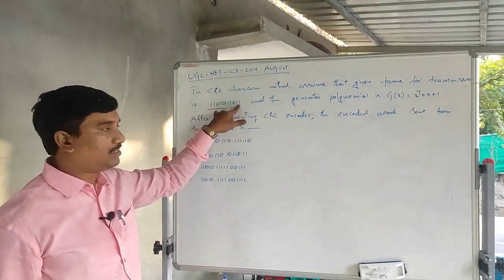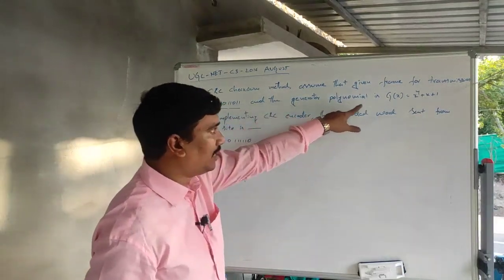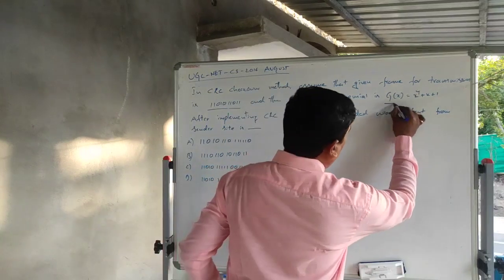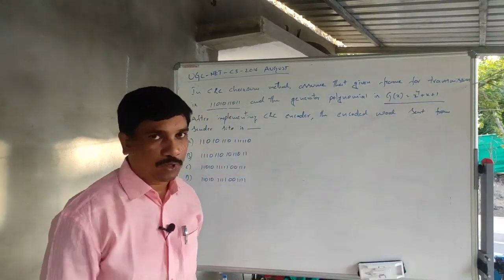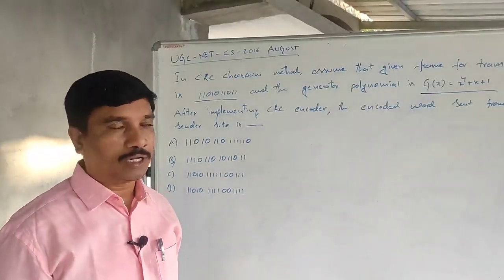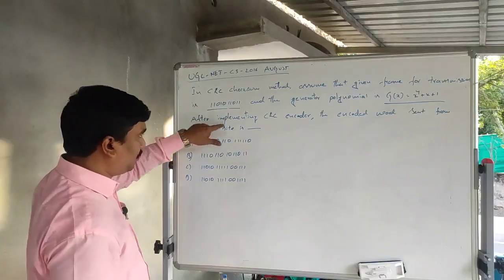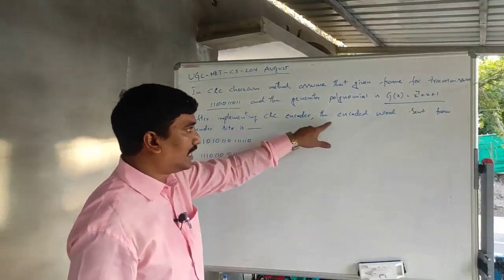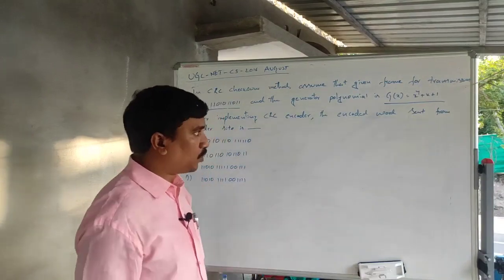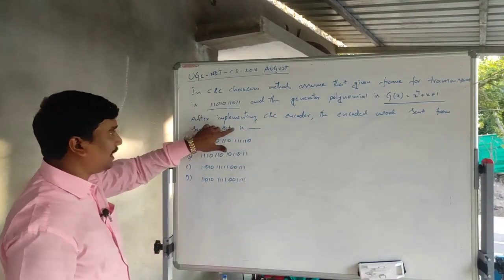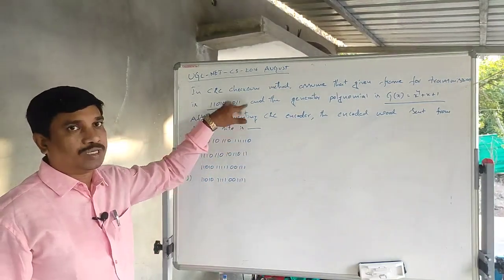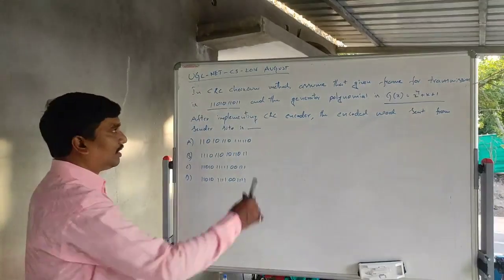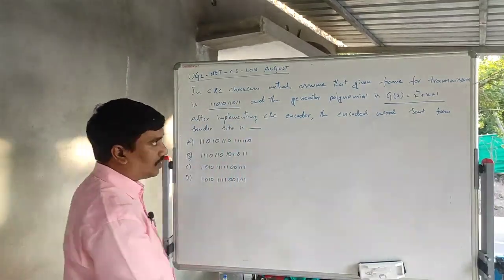This is the actual message, and the generator polynomial is x power 4 plus x plus 1. After implementing the CRC encoder, the encoded word sent from the sender site is? So the given is the actual message and the polynomial.